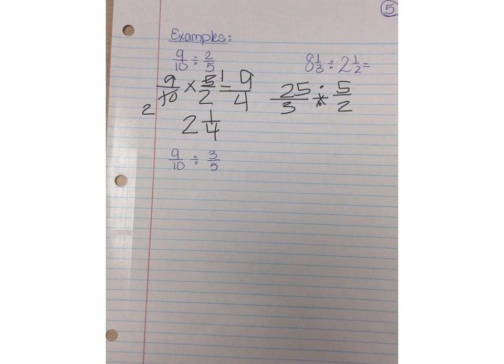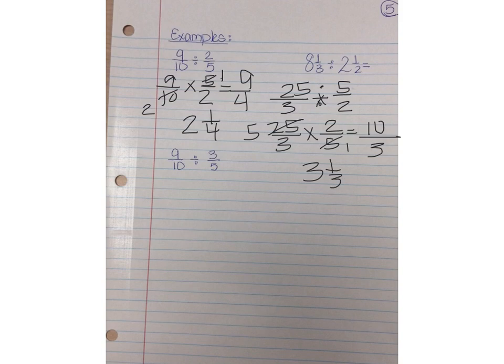Now we'll flip them. 25 thirds multiplied by 2/5. Okay, we can cross reduce here. This is 1, this is 5, which gives us 10 over 3, which when we make that a mixed number, becomes 3 1/3.